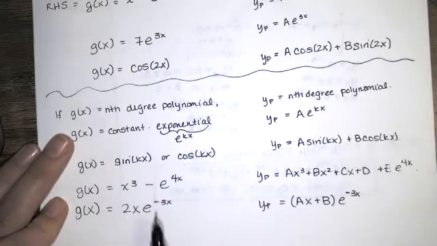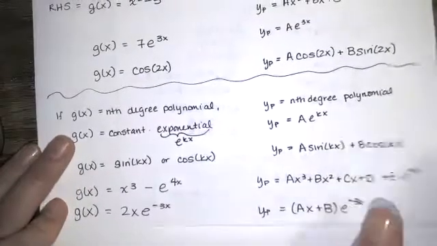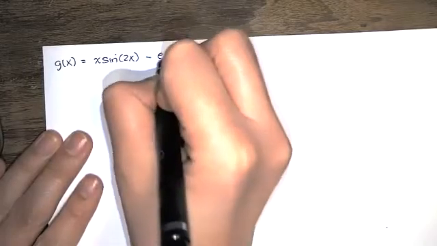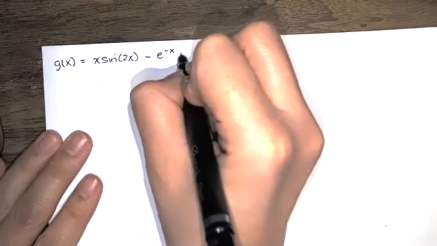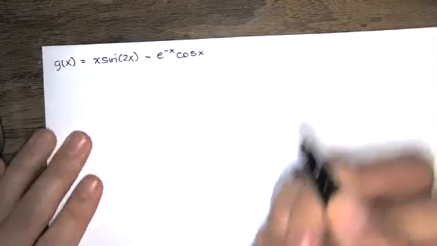Now, if there happen to be sines and cosines, then your guess is going to be a little bit different. So let's say we had x times sine of 2x minus e to the negative x times cosine of x.